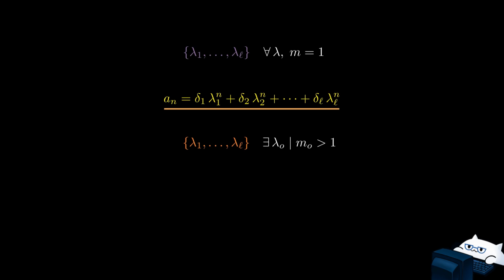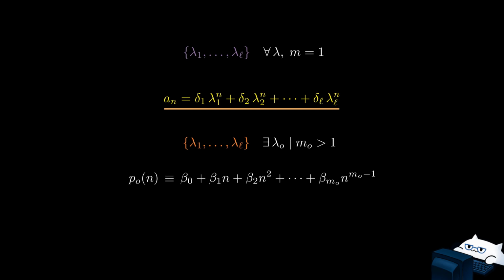For a repeated root, multiplying by powers of n makes them linearly independent, while still satisfying the recurrence. You can't write n times lambda to the power of n as a constant multiple of lambda to the n, as that would imply n is constant. By scaling with n, we create new independent solutions without breaking the recurrence condition.